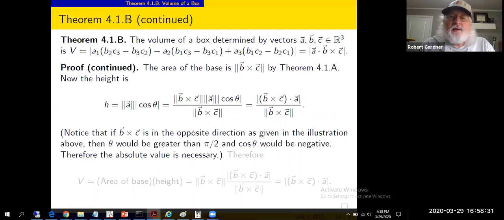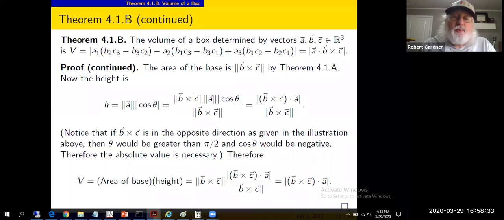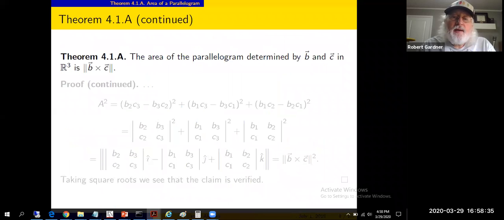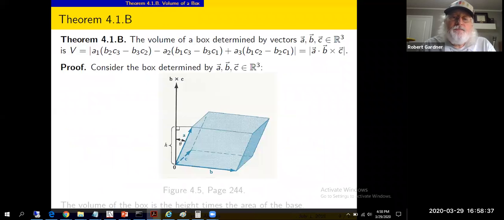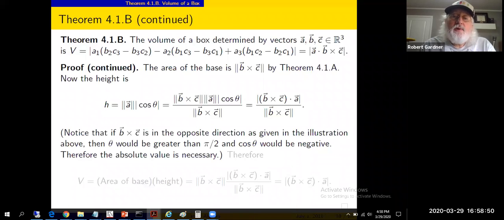If we go back, so we're talking vector A and vector B cross C, here's vector B cross C, here's vector A, theta is the angle between them. So we can relate the cosine of theta to the dot product of those vectors and their magnitudes.